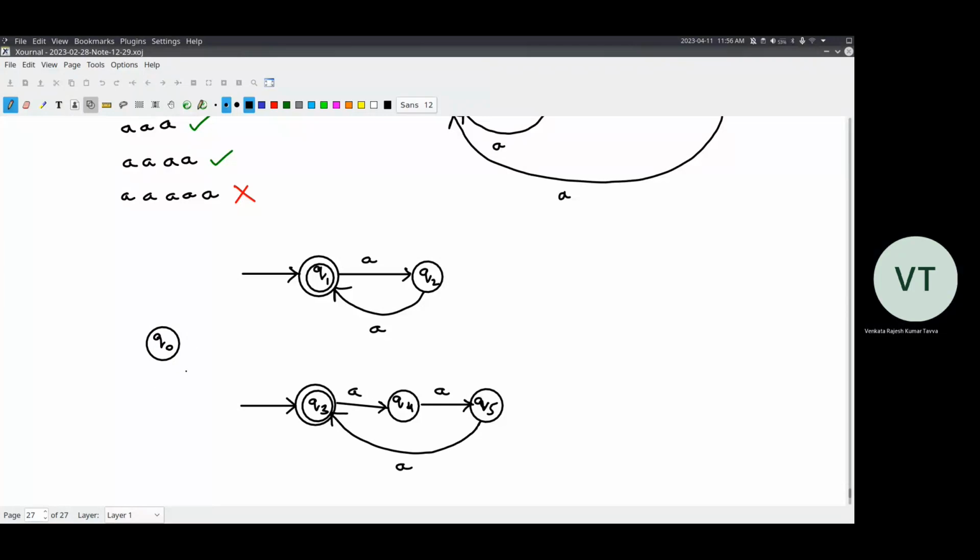Q1 and Q3. But they can't be empty, right? I need some label on these transitions. Yeah, it's just epsilon transition.